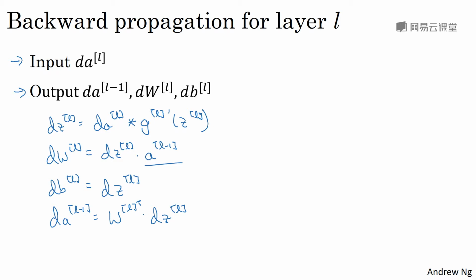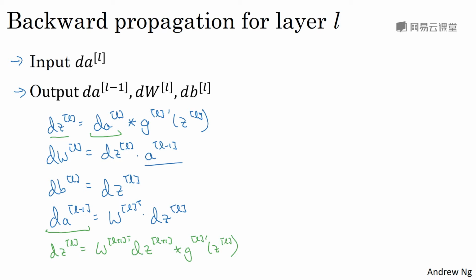Okay? And I don't want to go through the detailed derivation for this, but it turns out that if you take this definition for dA and plug it in here, then you get the same formula as we had in the previous week for how you compute dZ[L] as a function of the previous dZ. In fact, if I just plug that in here, you end up with dZ[L] equals W[L+1] transpose dZ[L+1] times g[L]' of Z[L].